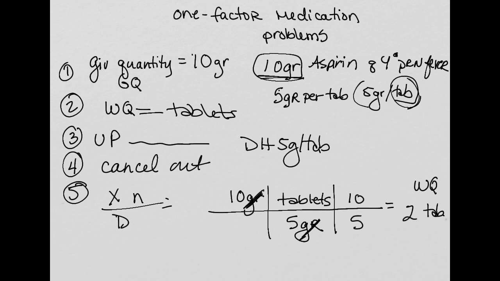So if we were to do this in our head, we could say, well, 10 grains of aspirin, 5 grains per 1 tablet, 5 times 2 is 10. So that's easy to figure out. But if you were to do a conversion table, remember you're doing your unit path and your conversions by crossing these out, and that leaves you with 2 tablets.